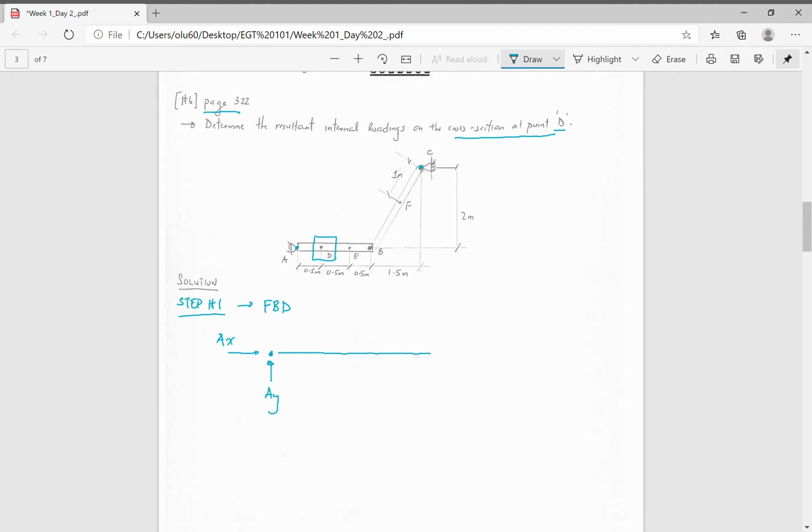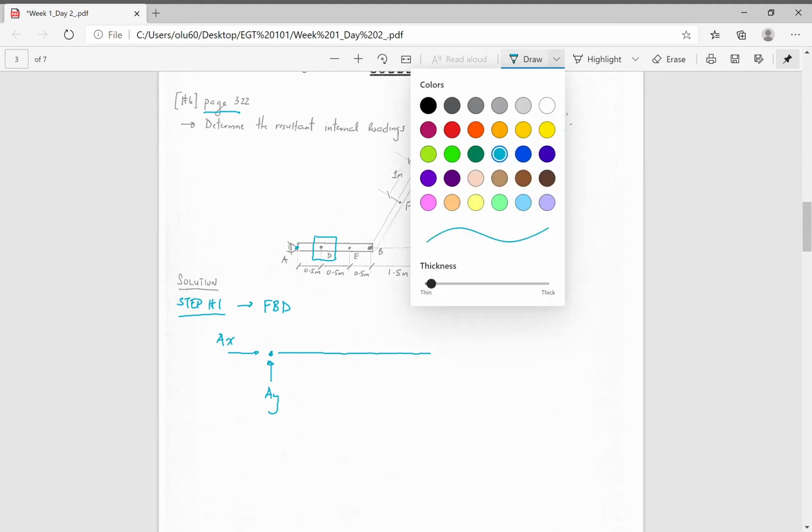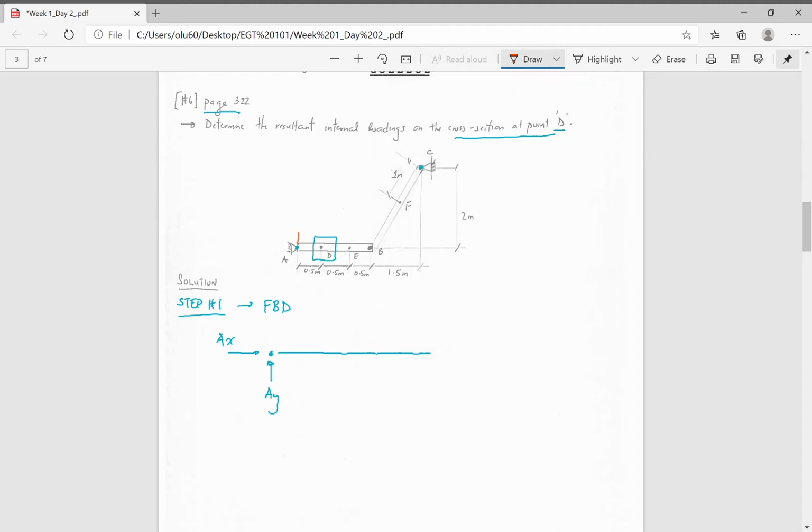And then we have, oops, this one has a, I didn't draw this part. And that is 1.25 kilonewton per meter.